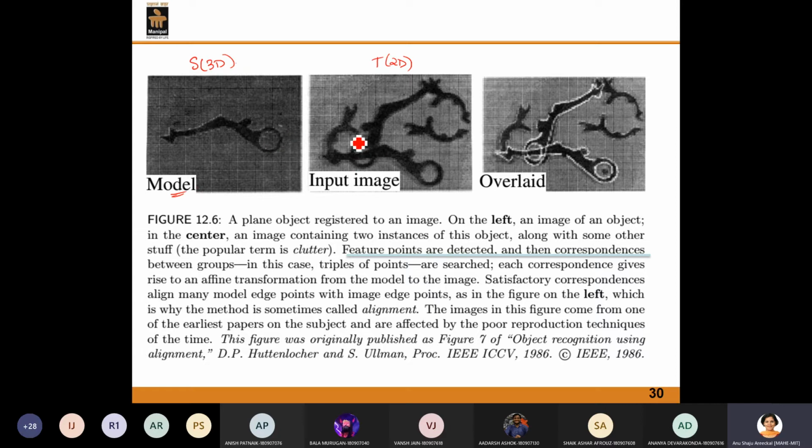When we find the tokens, we remember that these are with respect to the 3D object and the tokens with respect to the 2D object. Once you find the tokens, you find the correspondence between these two, and then we calculate the transformation, just as discussed in the previous cases, and then we formulate the minimization problem.